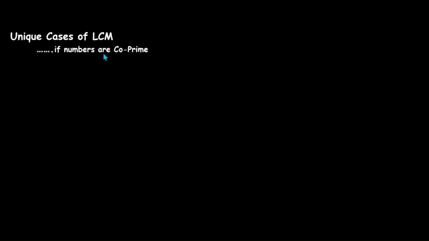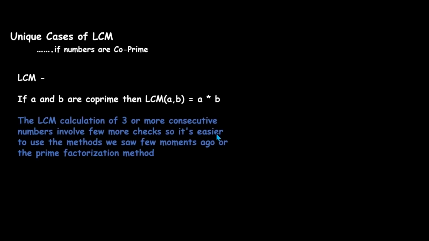When it comes to LCM of co-prime numbers, it can easily work for two numbers, two co-primes, where we simply have to multiply to get the LCM. So if A and B are co-prime, then the LCM of those two numbers would be the product of those two numbers A and B. When it comes to three or more numbers, it involves a few more checks, so it may eat up time.